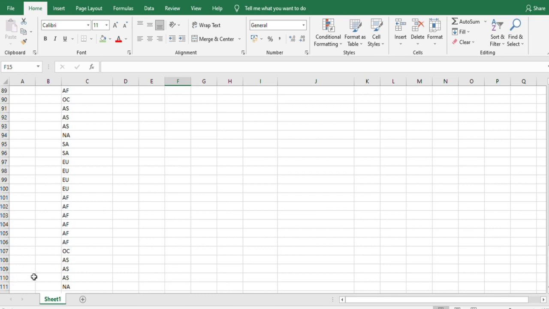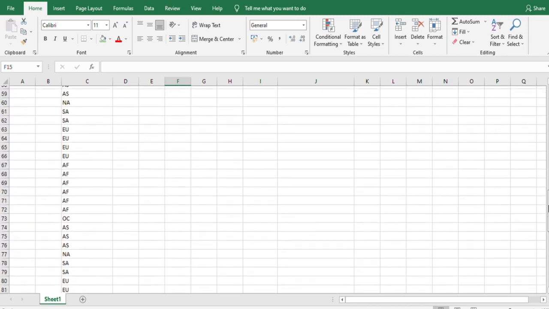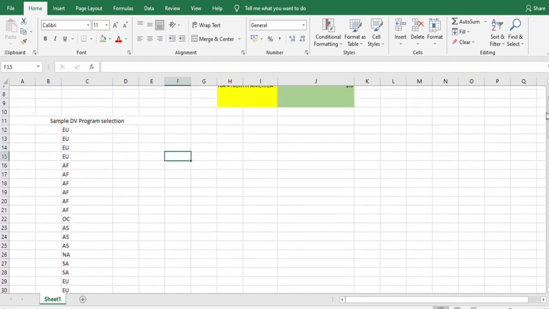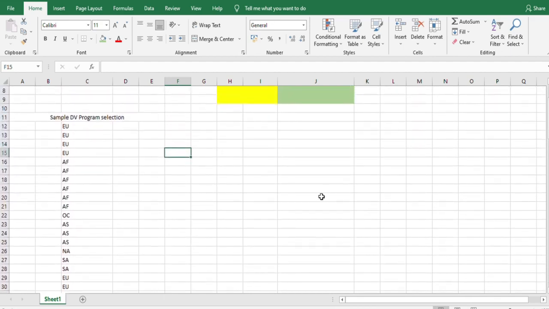After our 100 applicants have submitted their entries in the DV lottery program, a computer assigns all these applicants random numbers, from 1 up to the total number of applications. I hope that is clear up to that point. So let us proceed and assign case numbers to these applicants.